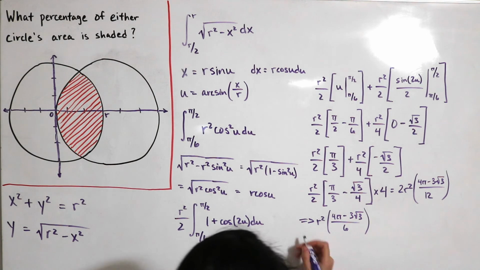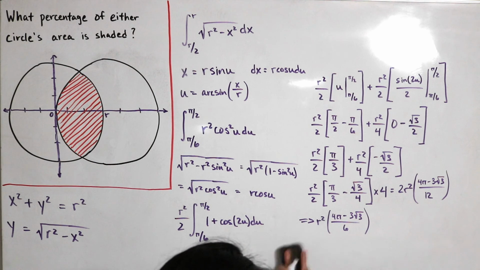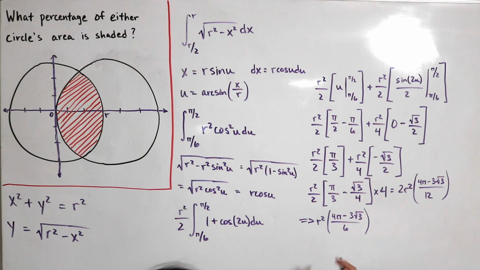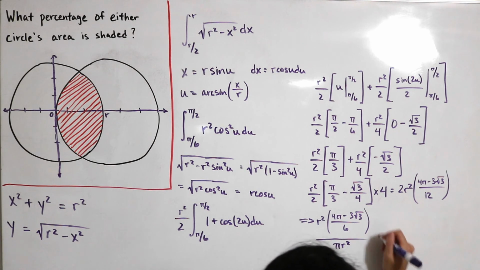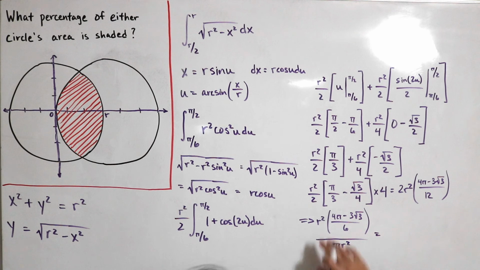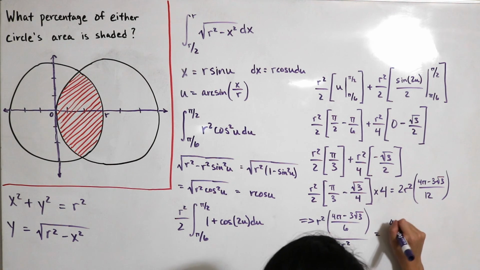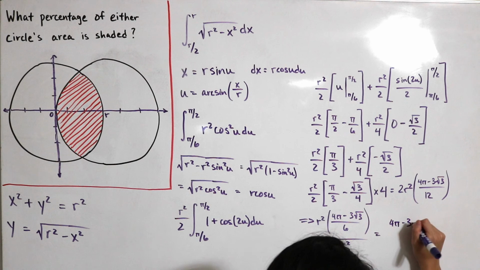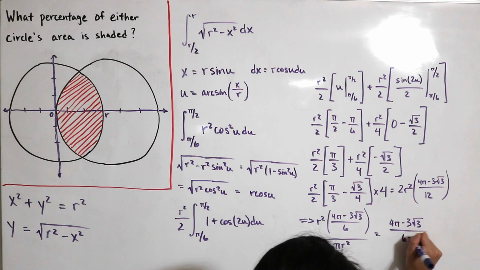So I take this step here, then we divide by pi r squared. If we do the work, r squared cancels, and we're left with 4 pi minus 3 square root of 3, divided by 6 pi.